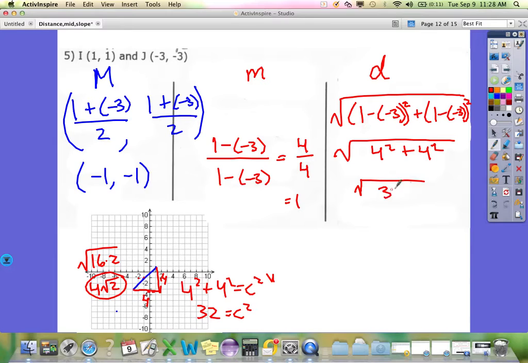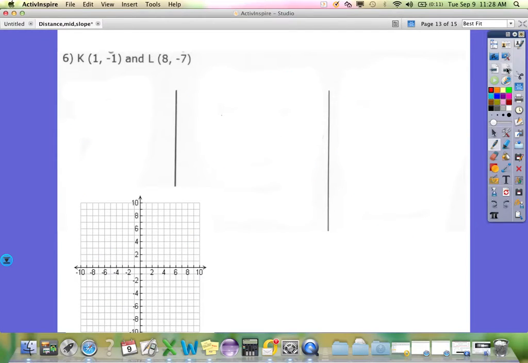Which would be 32, and we already figured out that 32 is 4 radical 2. Same thing. So I really feel like this way is easier using Pythagorean theorem, and even if you don't like it, I still think it's a great idea just to plot those points to check your work. It might not seem easier now, maybe starting off you like using the formula, but I really think at some point you're going to go, this is a whole lot easier.